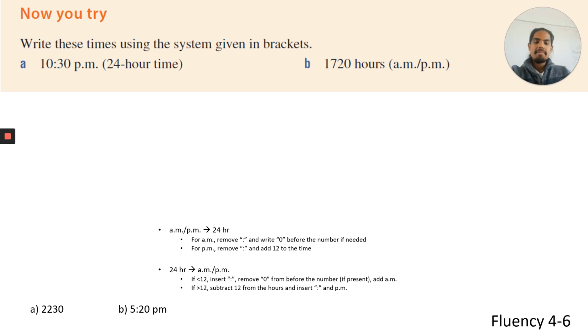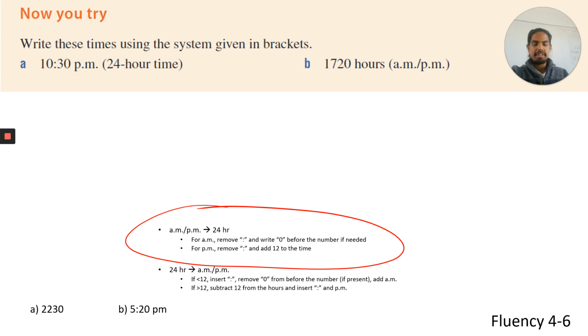So 10:30 p.m. we want to go into 24-hour time. So I am following these rules here. I'm following specifically this section here. So I'm going to start by writing 10:30 p.m. and we'll see what we need to do. I need to remove the colon in the middle.